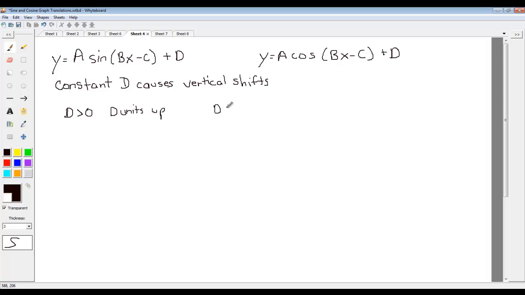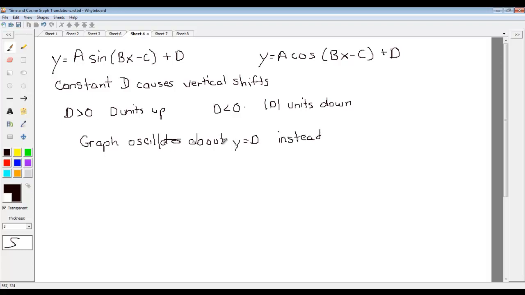If d is negative, like if it's minus d, then you're going to shift absolute value of d units down. So the graph oscillates about y equals d, instead of the x-axis, which is y equals 0.